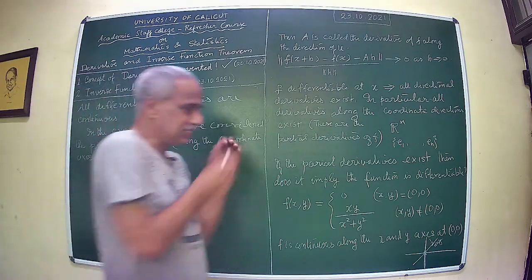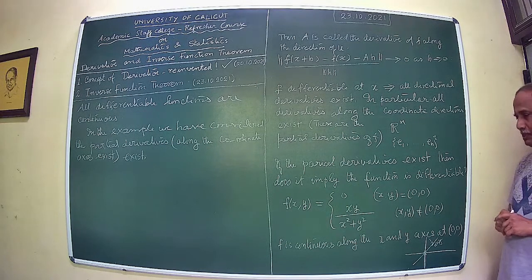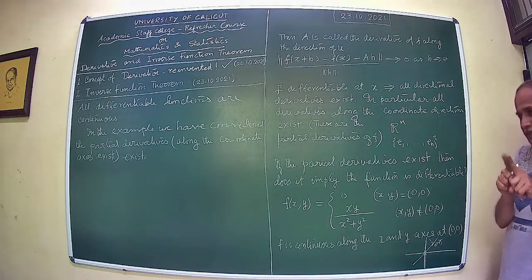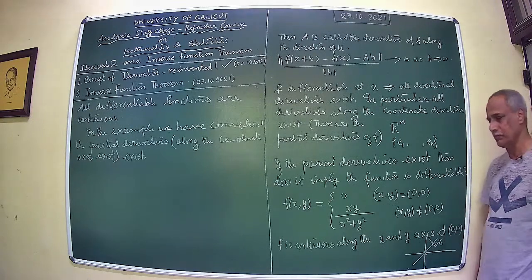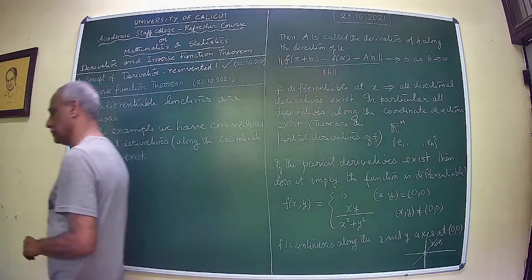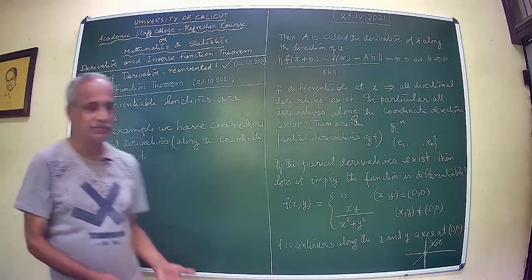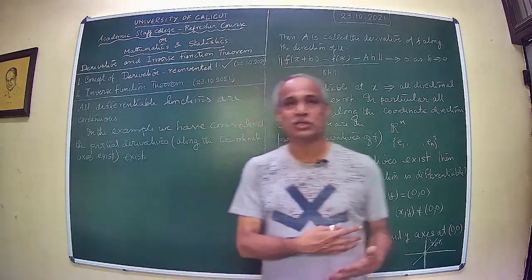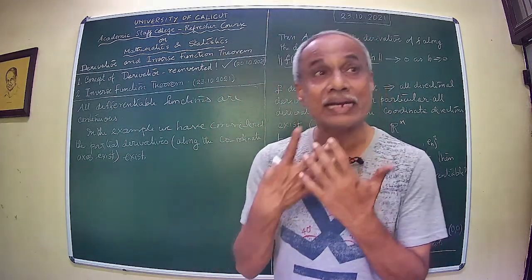Now the natural question: what is the next question? If the function is differentiable, then all the partial derivatives exist at that point. But we have seen that the mere existence of partial derivatives is not going to assure you that the function is differentiable or even continuous.